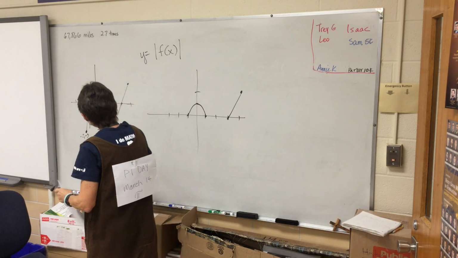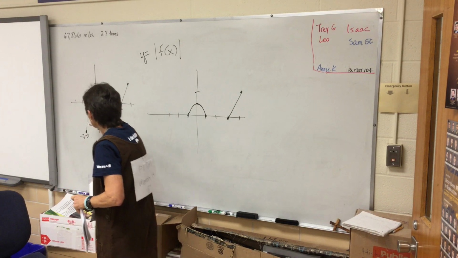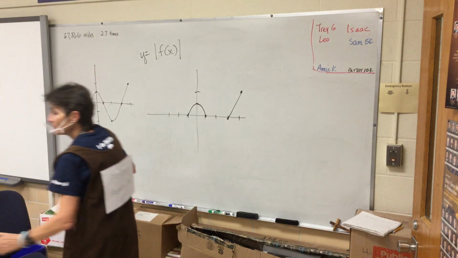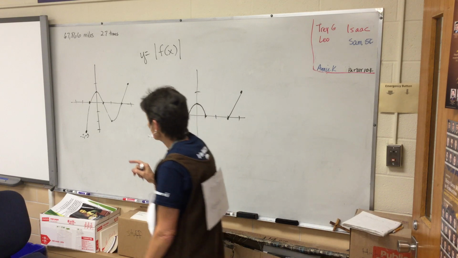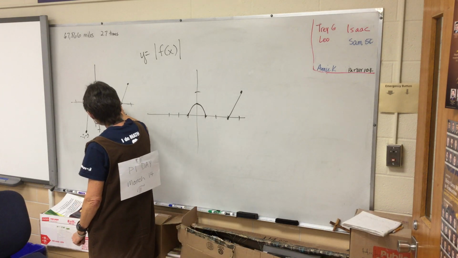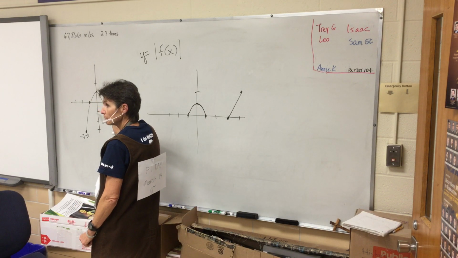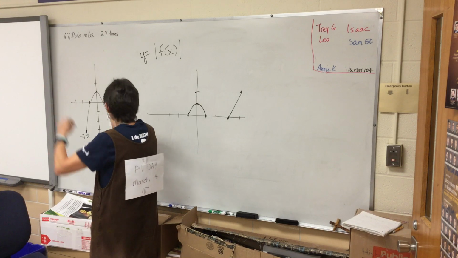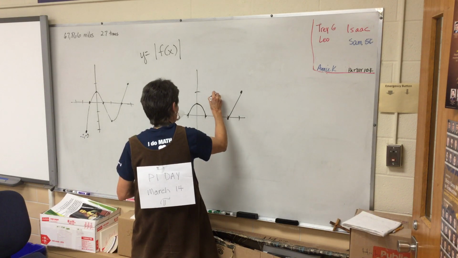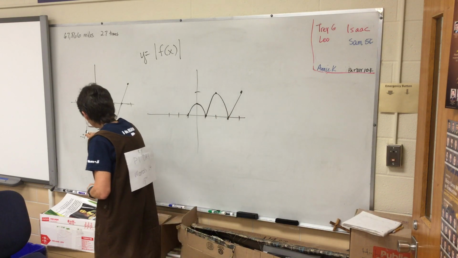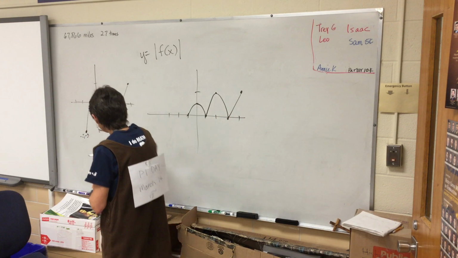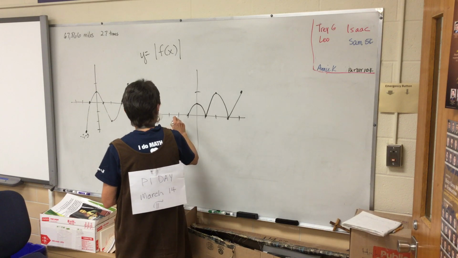But what happens to these negative parts? When you take the absolute value of a negative, it becomes positive. So this point, instead of being down 2, is going to be up 2. And this point, instead of being down 3, is going to be up 3.